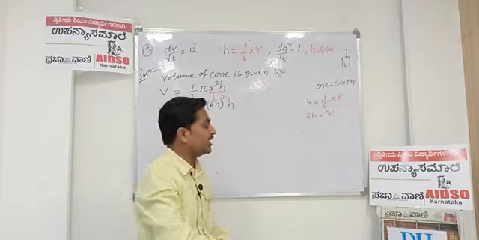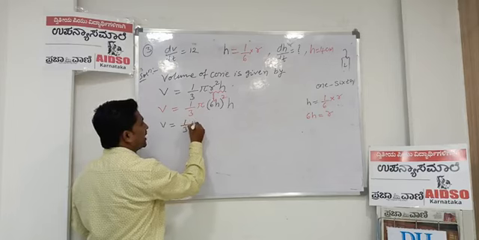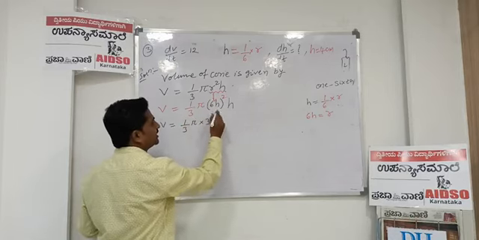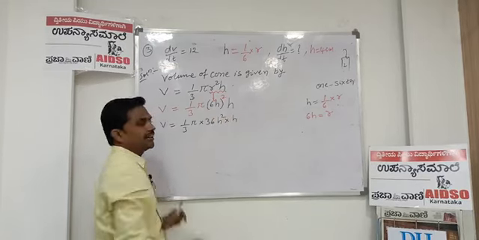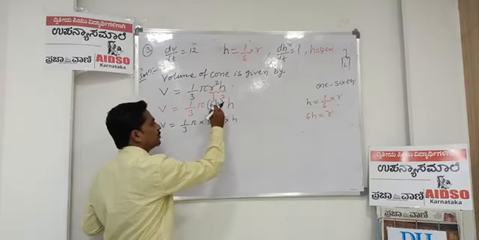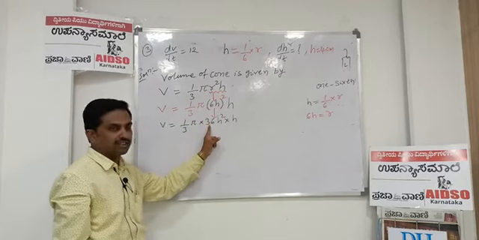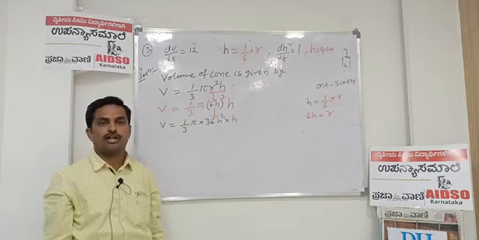So next step, V equals 1 by 3 pi, and this is nothing but 6 square, which equals 36 h square, into h as it is. So 6h whole square is expanded in this form: 6 square is 36, h square, and h we have kept as it is.